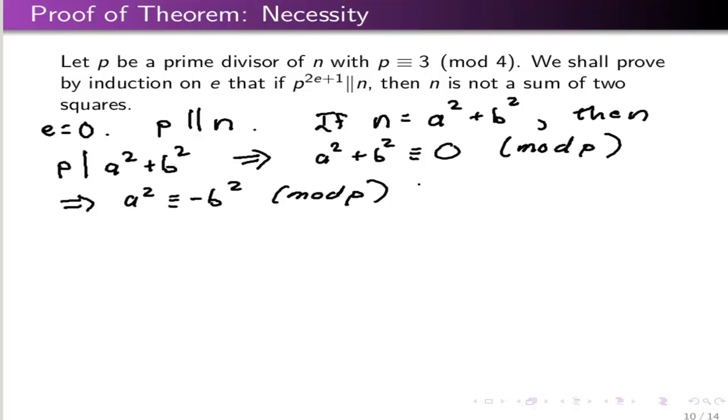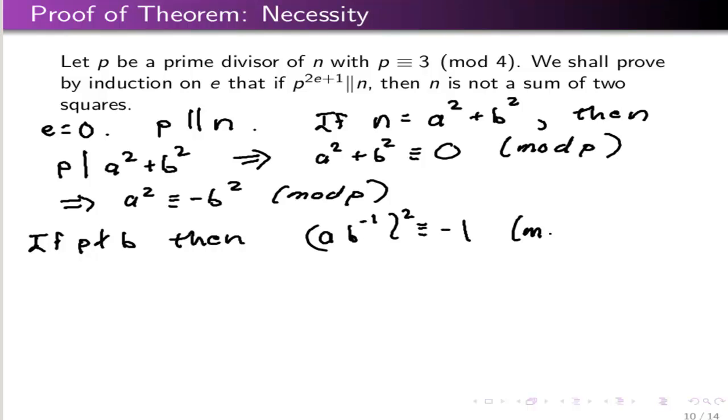So if P is not a divisor of b, then b would have a multiplicative inverse, and I can bring it over to the left-hand side, and I would get a times b inverse squared is congruent to -1 mod P, which would say -1 is a quadratic residue.